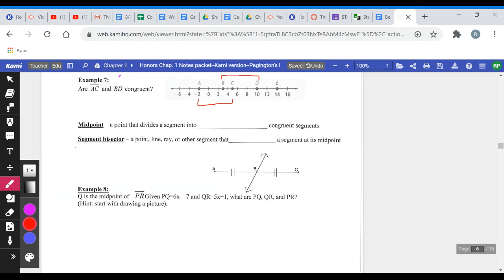What is the length of AC? If I go to count that, this space represents 2, this space represents 2, so I've got 2 plus 2 is 4, plus this one is just halfway in between at 3, so that's just representing 1 space, so I technically have a length of 5 there.